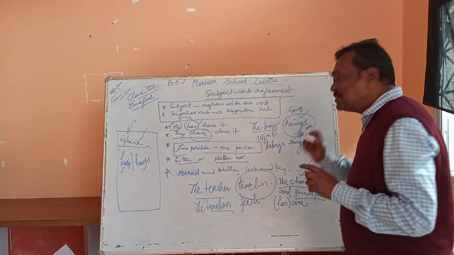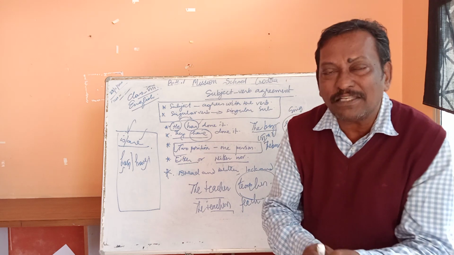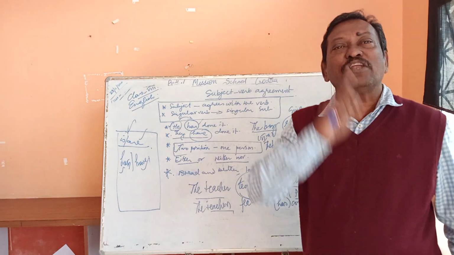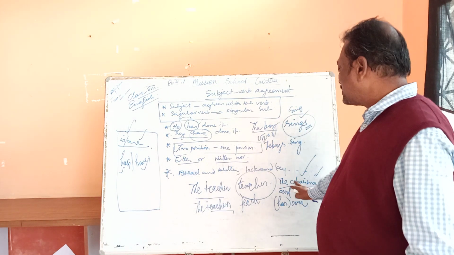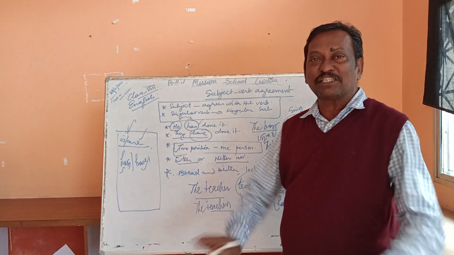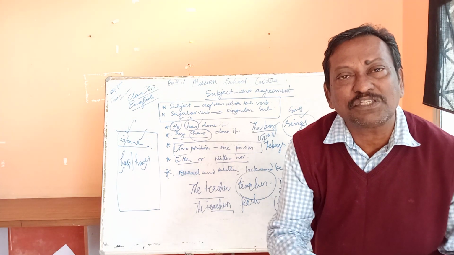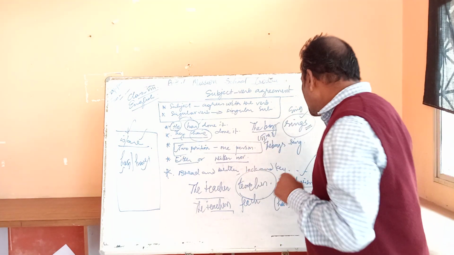The chairman is a principal as well. So two positions held by one person. And you're not supposed to get confused here, thinking that the chairman is a subject and the principal is another subject.